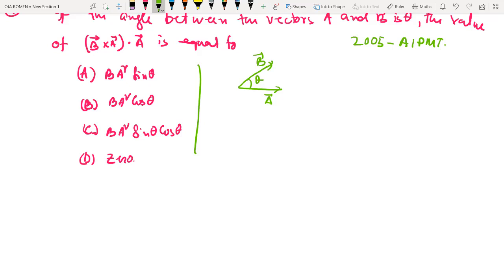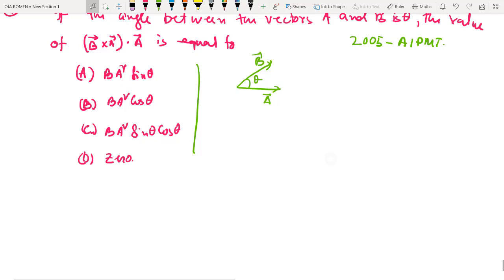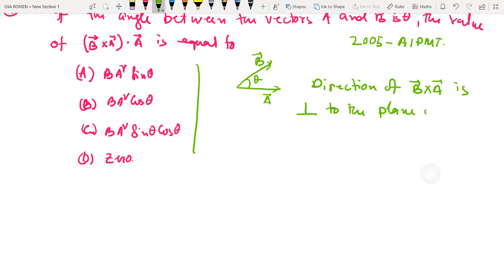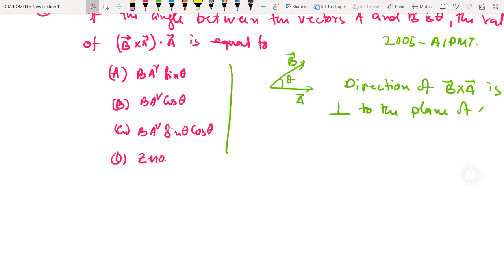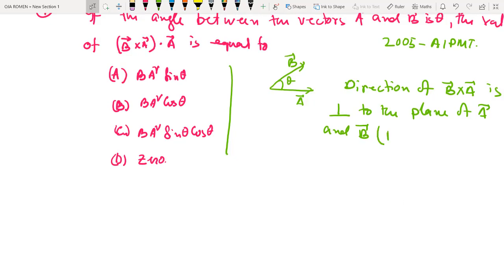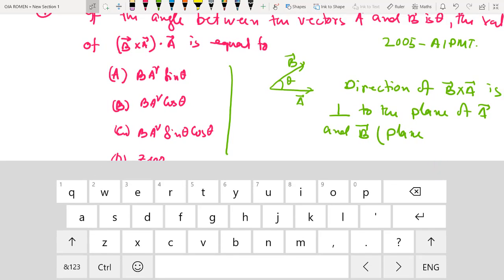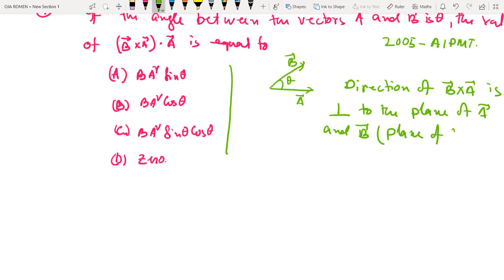Now say direction of B cross A is perpendicular to the plane of A and B, that is the plane of the paper.